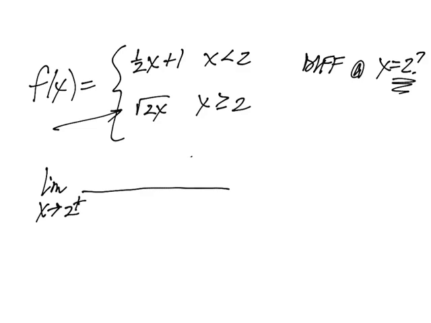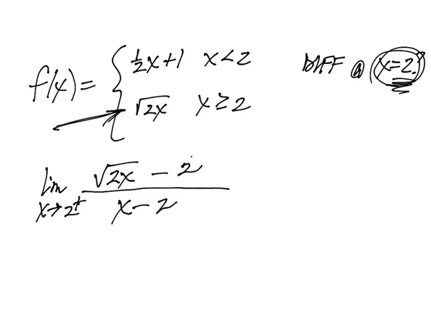So my f of x, as I come in from, in this case, the right-hand side, I'll use the bottom one, that is root 2x, minus f of 2. And when I take 2 and plug it into, again, that function right there, I get the square root of 4, or 2. And this is going to be x minus my c value, and this is my c value, 2. So the top 2 are y values, bottom 2 are x values. When I plug 2 in, I get 0 over 0, which of course means more work is required.